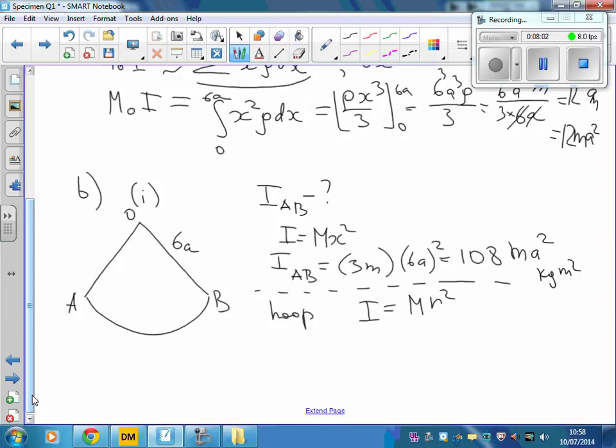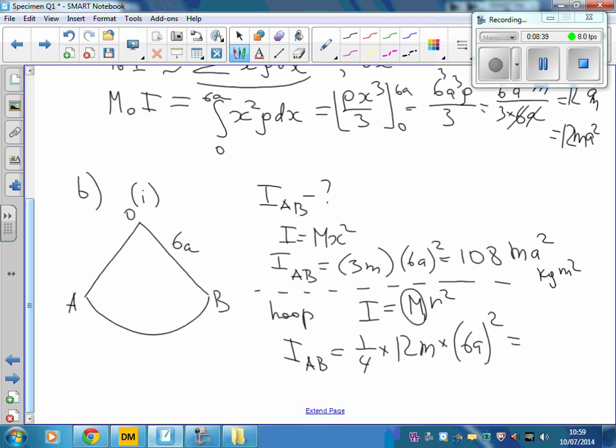Now, as we only have a quarter of a hoop for part AB, we will need to use a quarter of mr squared, and as the mass of AB is 3m, it means that the mass of the whole hoop will be 4 times 3m, which is 12m, multiplied by the radius, which is (6a) squared.